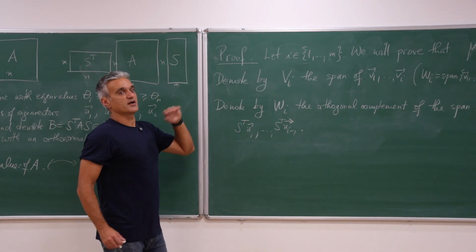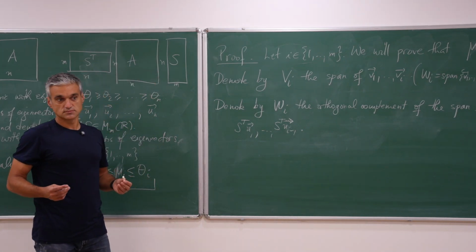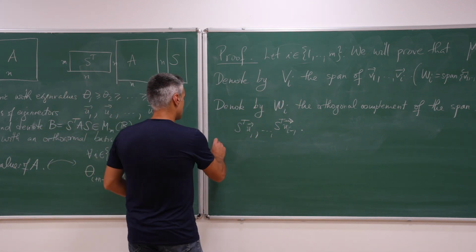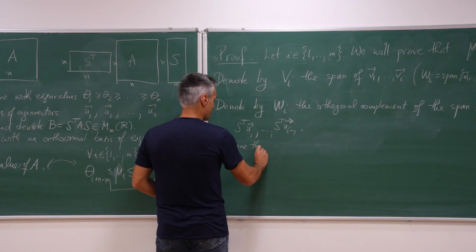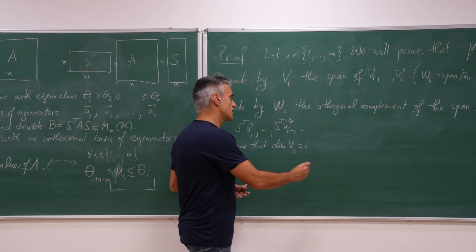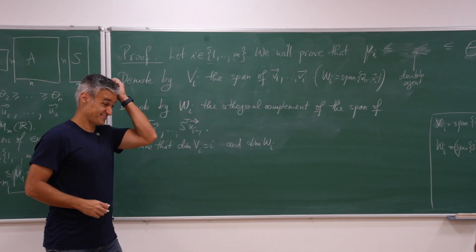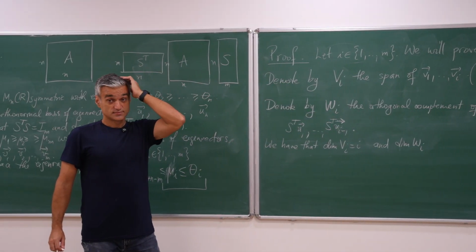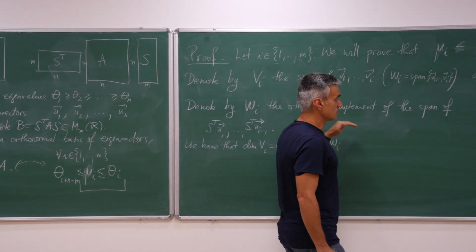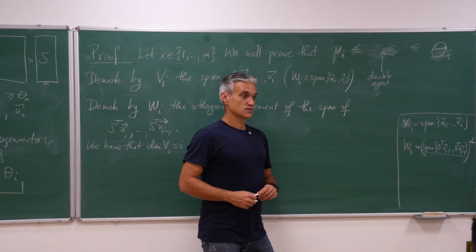But first, Vi. What can you say from the definition? What's the dimension of Vi? It is i, because the V's are an orthonormal basis. Now I would like to say something about the dimension of Wi. Start with the span of this set.